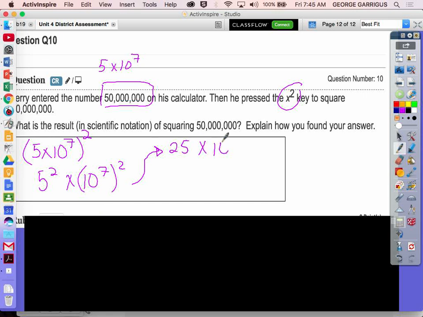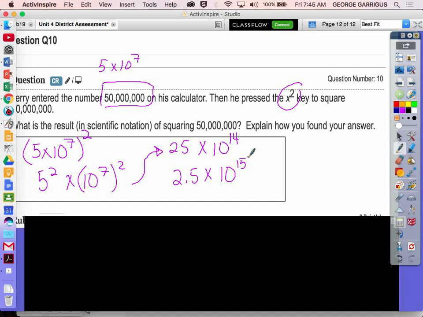And then power to a power, we multiply. So 7 times 2 is 14. You're almost there. You just need to move it 2.5. You've got to get the leading number between 1 and 10. I made it smaller by 10, so I'm going to make this larger by 1, 10. Change that to 10 to the 15th.